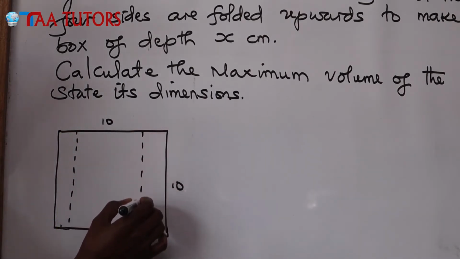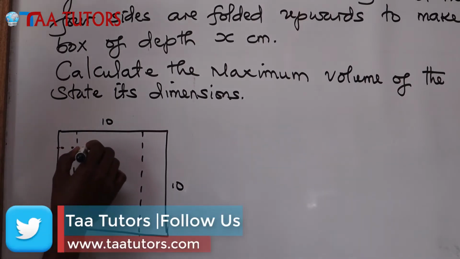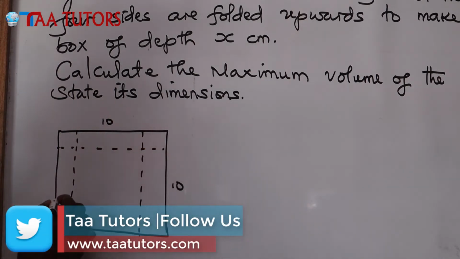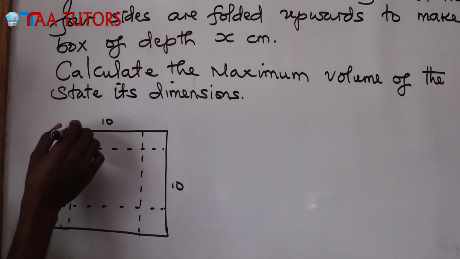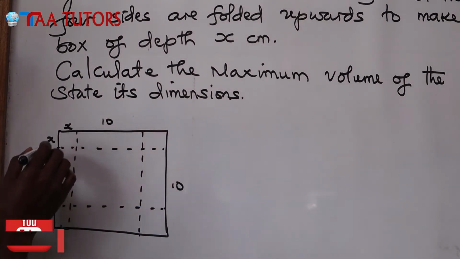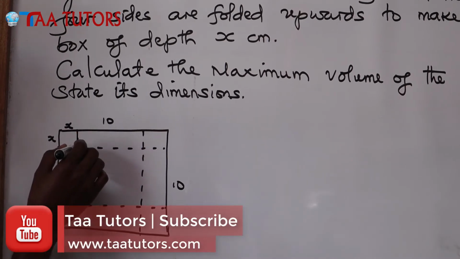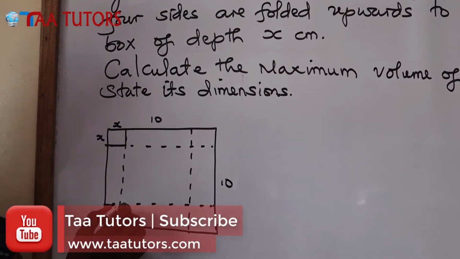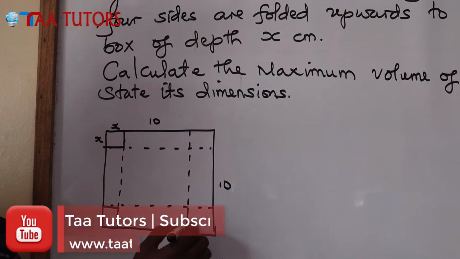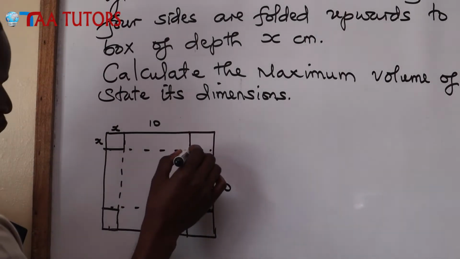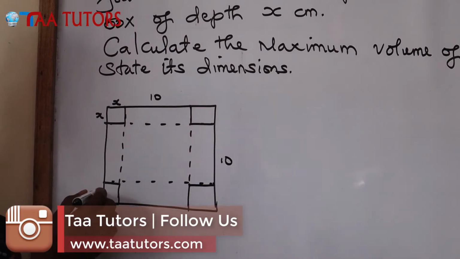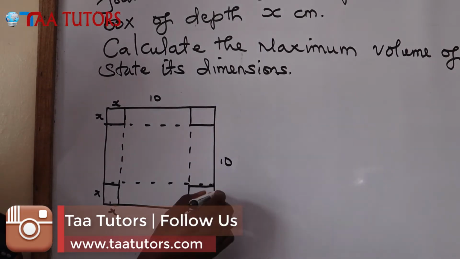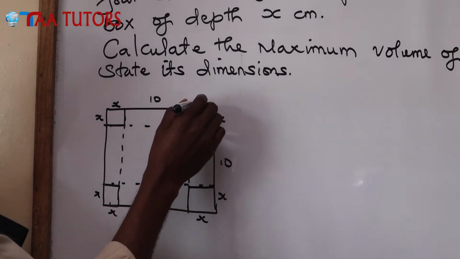They cut small squares at the corners. If you cut this one out, and this one, and this one, and that one, we know that this is X, this is X, this is X, this is X.